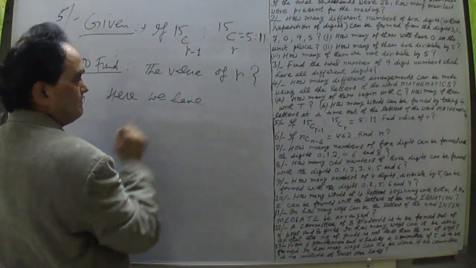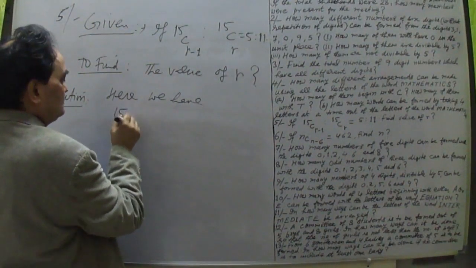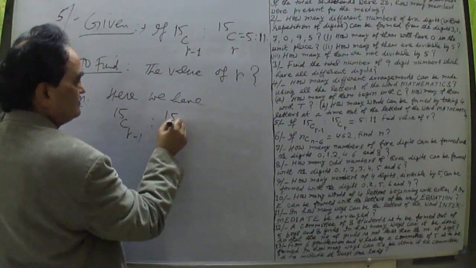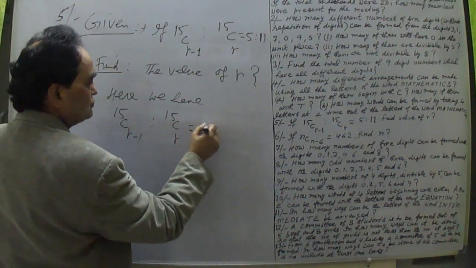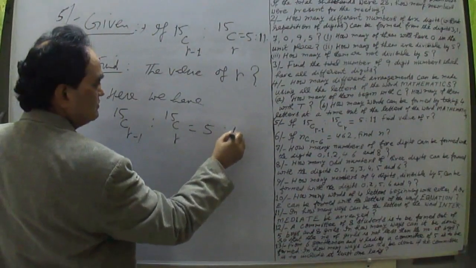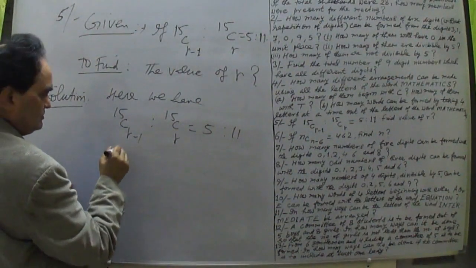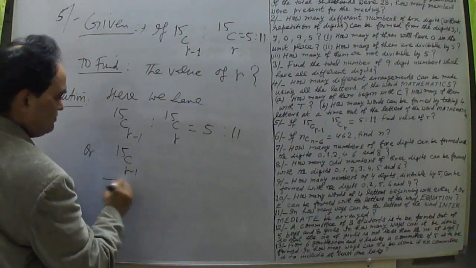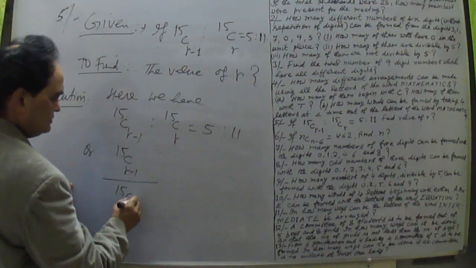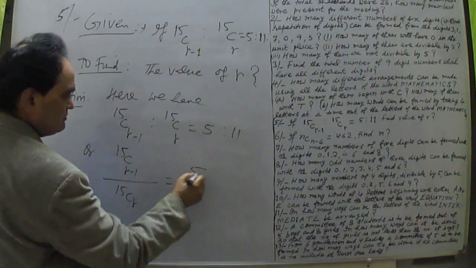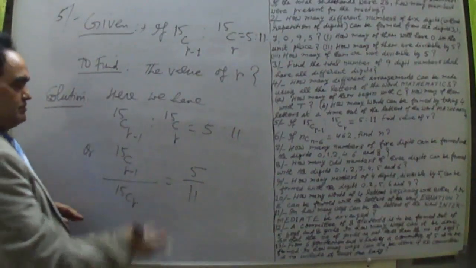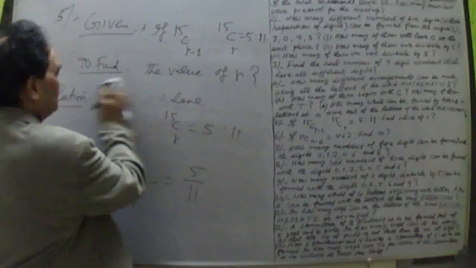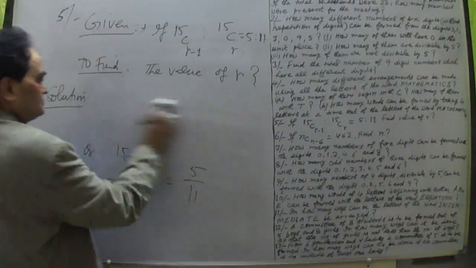Here we have 15C(R minus 1) is to 15C(R) is equal to 5 is to 11, or we can write it as 15C(R minus 1) upon 15C(R) is equal to 5 upon 11. Let me cross multiply that. Okay, after cross multiplication and opening this by the combination formula, let me do this.